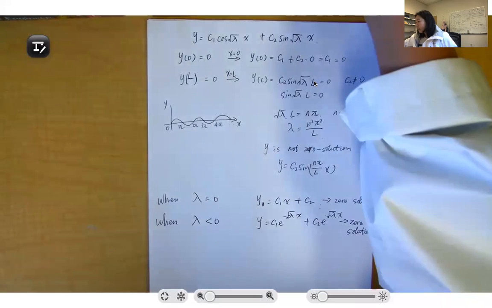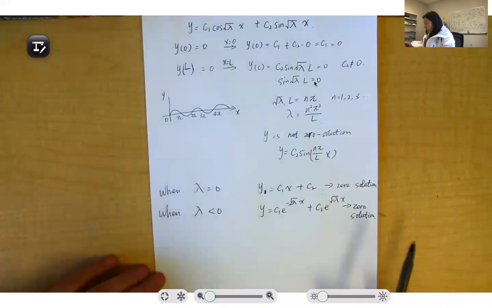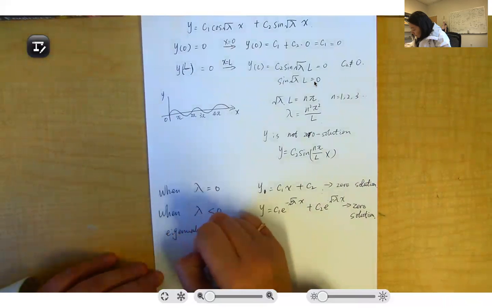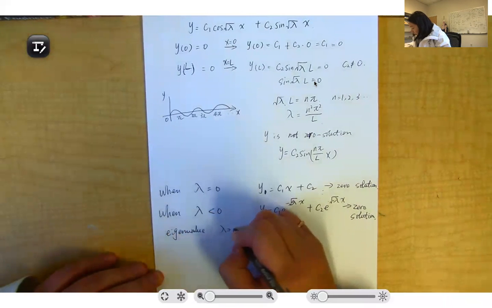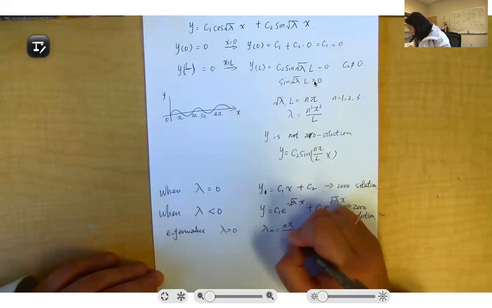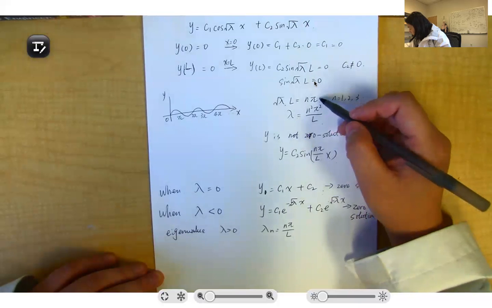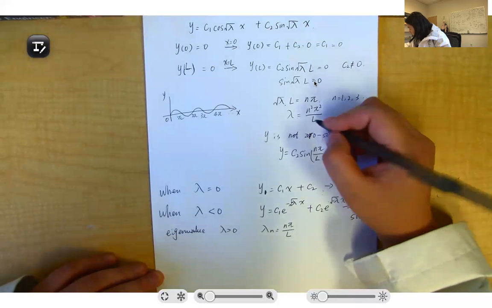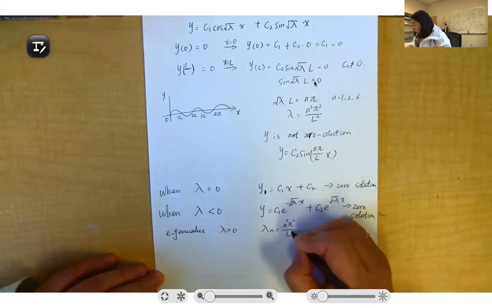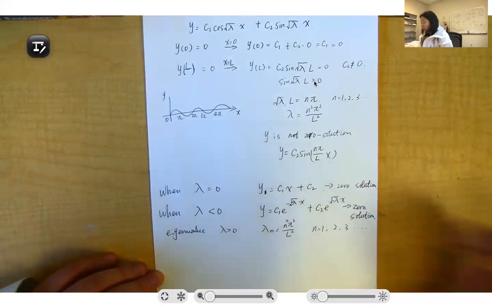Okay. Then as a summary of this problem, you have the eigenvalue where lambda is over 0, lambda n will be equal to n squared pi squared over L squared, where n equals 1, 2, 3 until infinity.